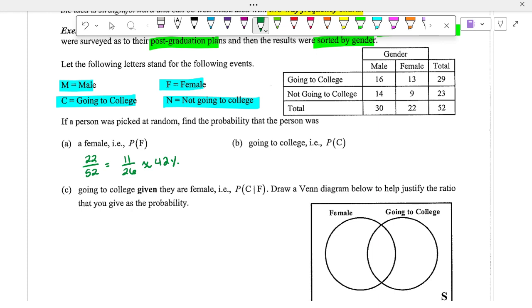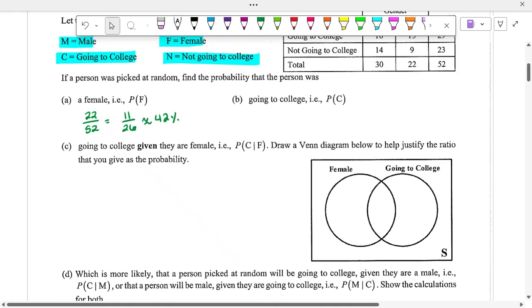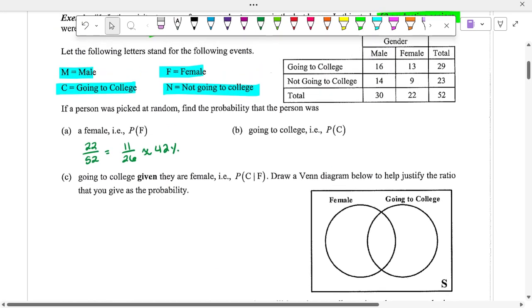All right, take a minute, find the probability of them going to college. So don't say anything, just write it down. This is independent work. I shouldn't hear any talking.